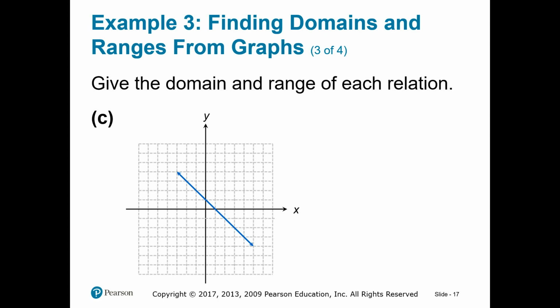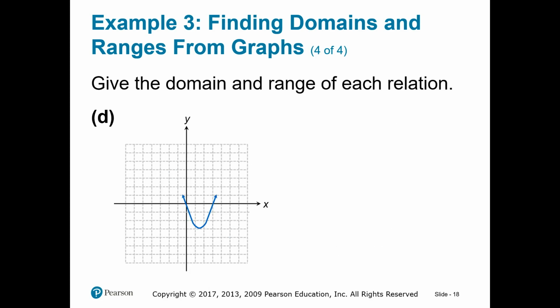If you draw the vertical line, it intersects the graph exactly once. So that's why this is a function. Yes. What about this? You draw a vertical line, and the vertical line intersects the graph exactly once. You see that, right?